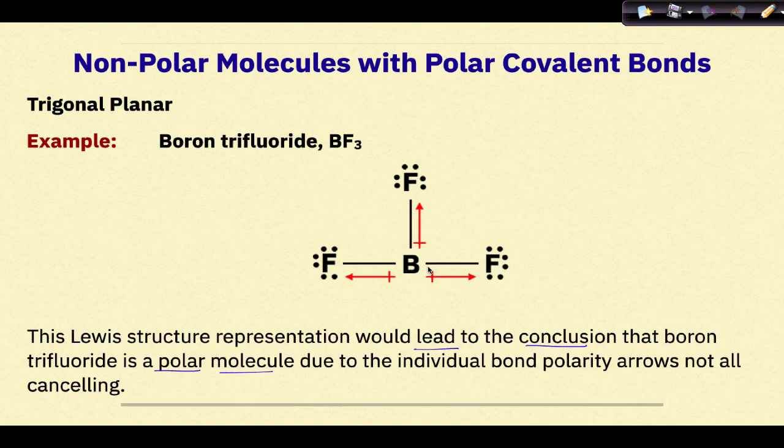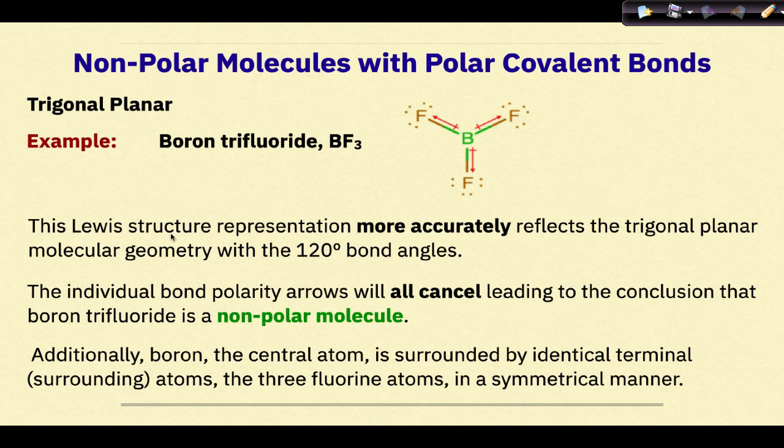Well, not so much. This Lewis structure representation more accurately reflects the trigonal planar molecular geometry with the 120 degree bond angles. The individual bond polarity arrows will all cancel, leading to the conclusion that boron trifluoride is a nonpolar molecule.